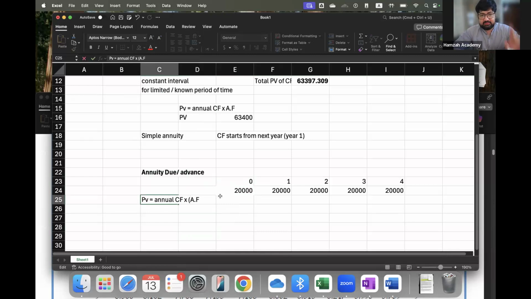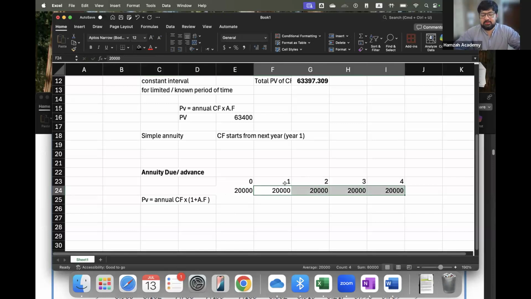Discount factor for year zero is always 1 at any discount rate. Plus annuity factor. So this annuity factor is for all these 4 cash flows, which are all cash flows beyond and including year 1. For year 0, it is 1. Now the discount factor is 1.